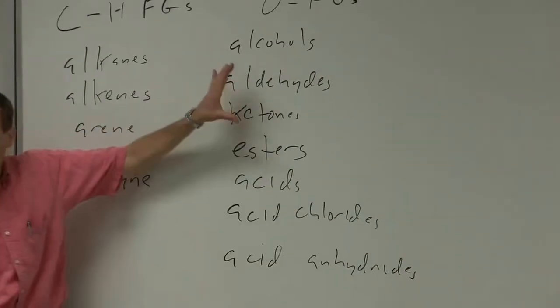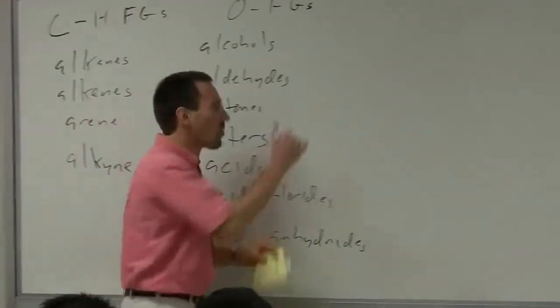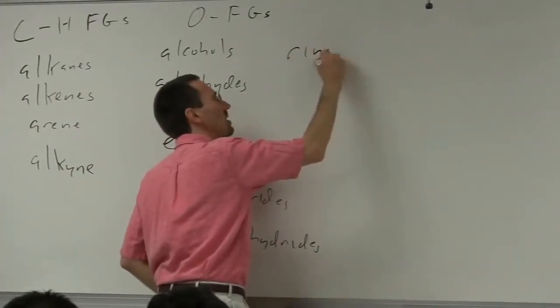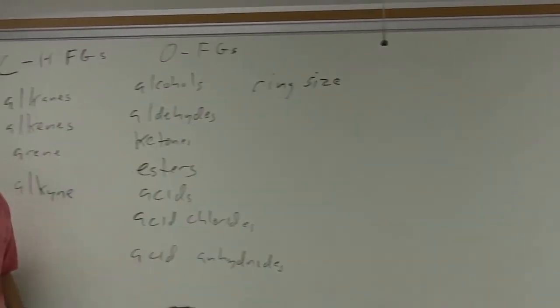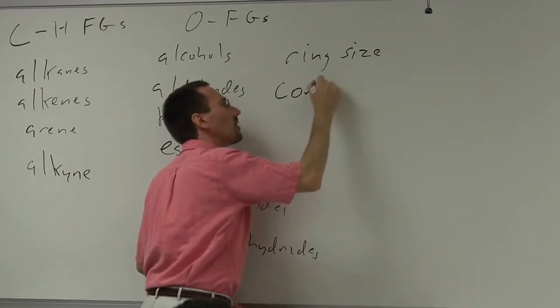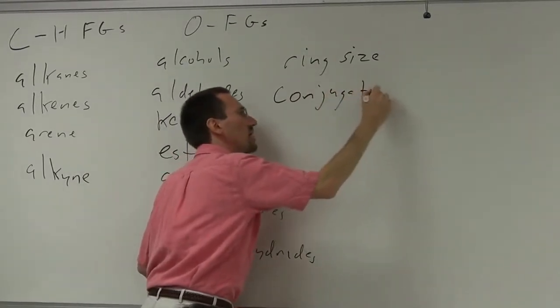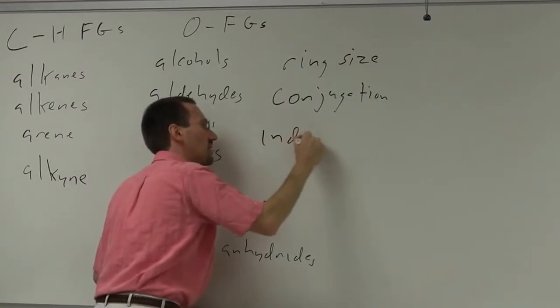Some of the features I hope we'll get a chance to talk about today, if not today, tomorrow: more about ring size, which I think is really cool in the case of cyclic ketones and esters. Conjugation and understanding principles involved. Inductive effects.